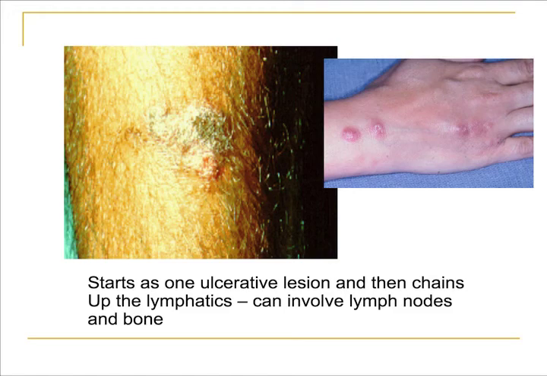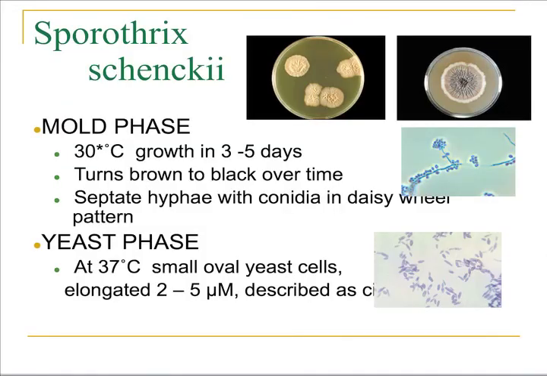On the next slide, we can see what the mold and yeast phase of Sporothrix schenckii looks like. The mold phase takes about 3 to 5 days to grow, and over time will turn brown to black. You can see what the lactophenol cotton blue prep looks like on the right hand of this slide.